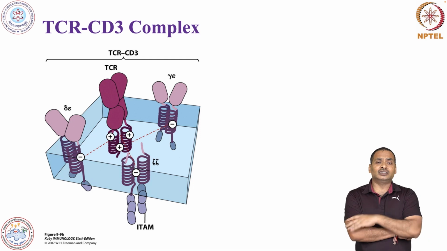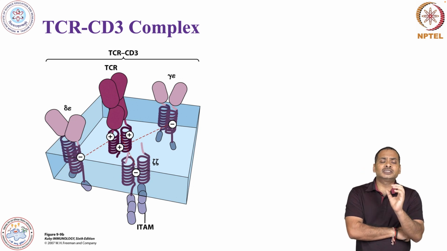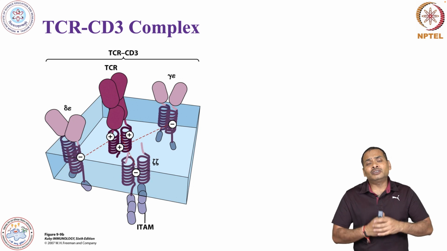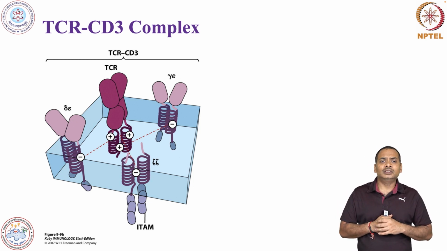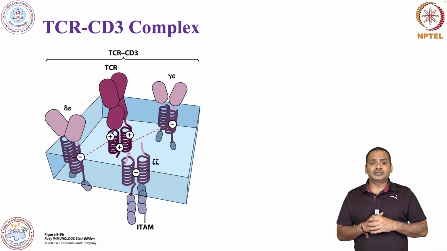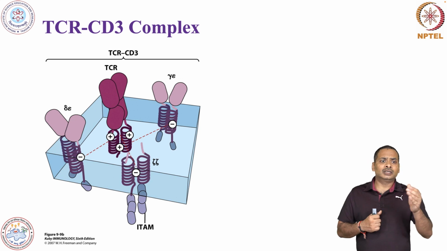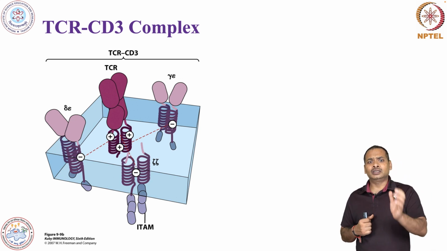Here you can see that this TCR is always associated with the CD3 molecule. There are several polypeptide chains of the CD3 molecule. Here you can see there is a zeta chain, a delta chain, an epsilon chain, and a gamma chain.